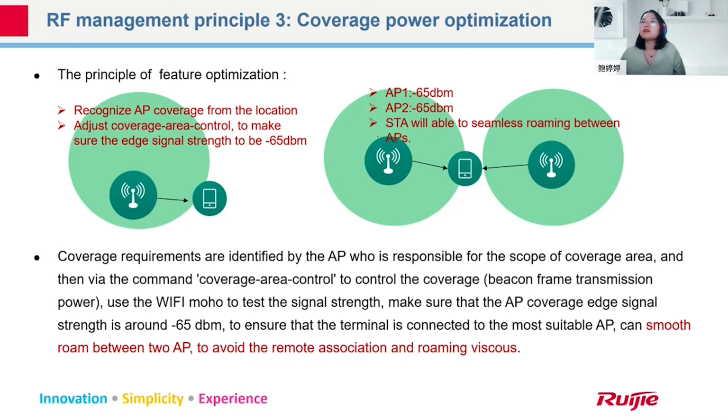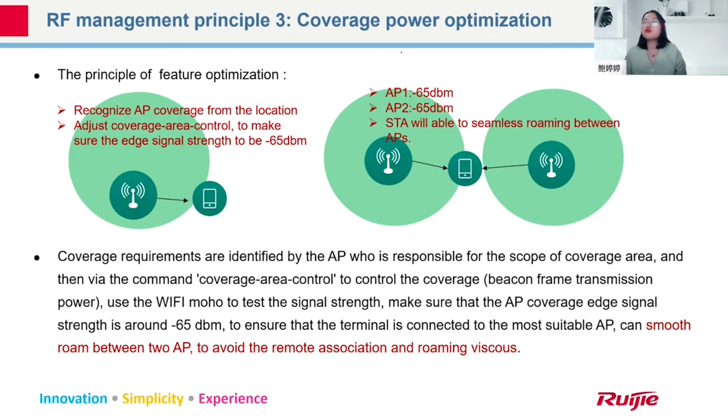In this scenario, the station will do seamless roaming between APs. After I go right a little, I will try to directly connect with AP2 because they have the same strength. Okay, so this is the function of the coverage power.